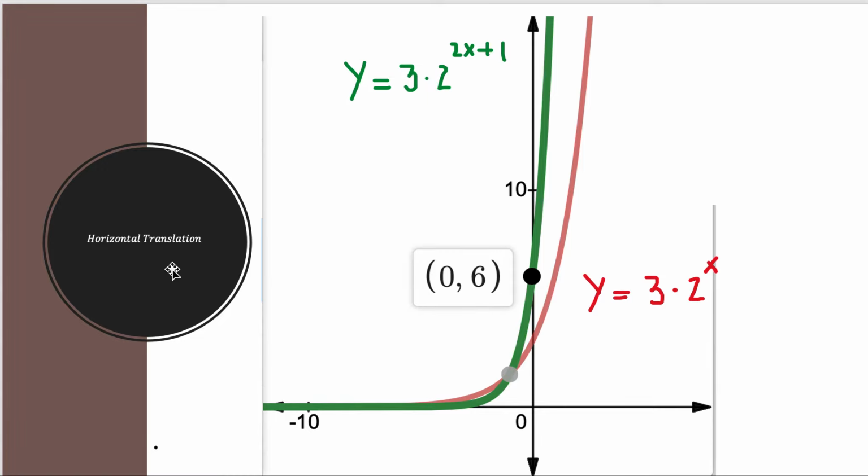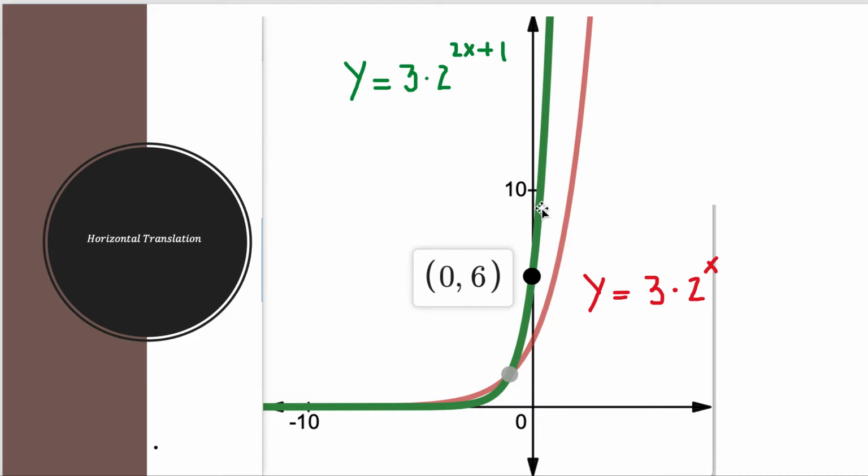And now the horizontal translation. Here was 3 times 2 to the exponent x, but now the green function is y equals 3 times 2 to the 2x plus 1. And this 2x plus 1 tells us the parent function is going to translate horizontally, but we don't know exactly. For example, if you look at the intersection point here, it is going to be exactly 1 unit. That signifies 1 unit going to the left.